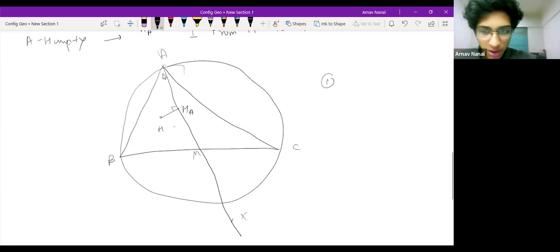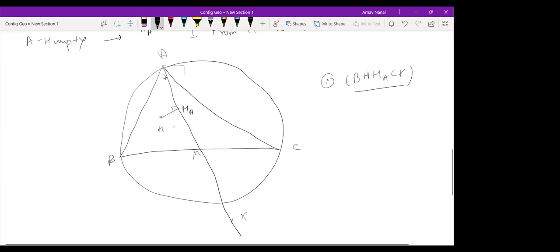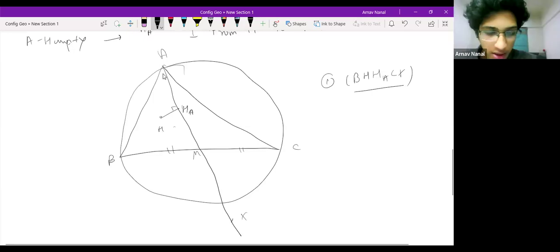So the first property that we want is that A, B, H, HA, C, and X. M is the midpoint of BC. That's the definition of Humpty. It's the perpendicular from the orthocenter to the median.